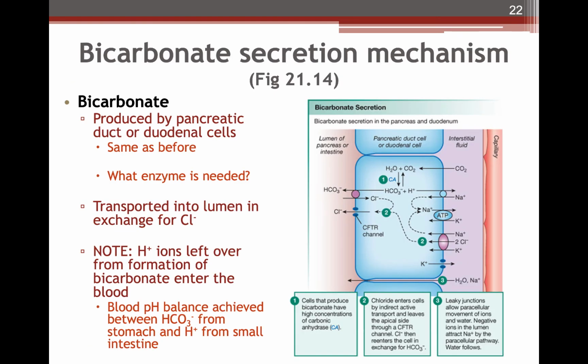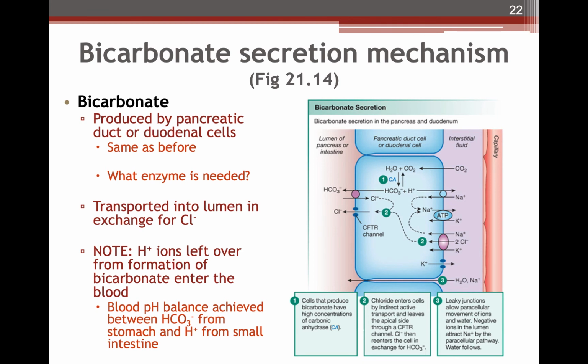This cell diagram is showing you how cells of the pancreatic duct and in the duodenum, the first section of the small intestine, make the bicarbonate. How do they release bicarbonate to neutralize the acidic chyme in the lumen of the small intestine? Well, it's just like a parietal cell that we saw up in the stomach, but it's flipped 180 degrees.